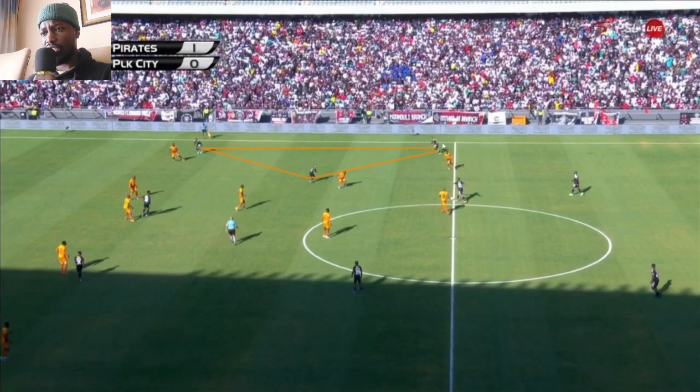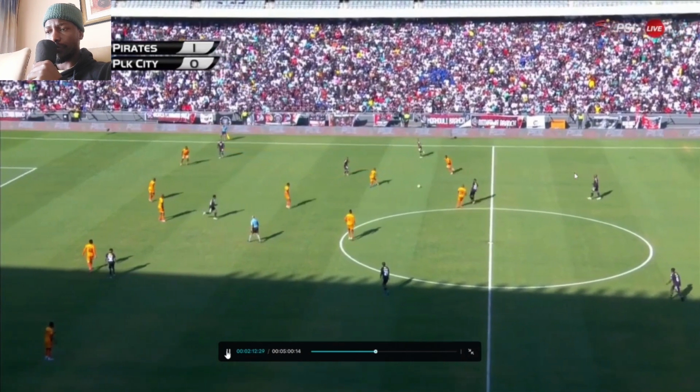I think there was a rotation, that's why they pop up in different zones. Still, even here, when they create these triangles, they are able to find the player. It's like a rondo. Rondo helps with these types of situations, because you are always able to play one touches, so that you can find the extra man, and that's the type of thing they're trying to achieve here.